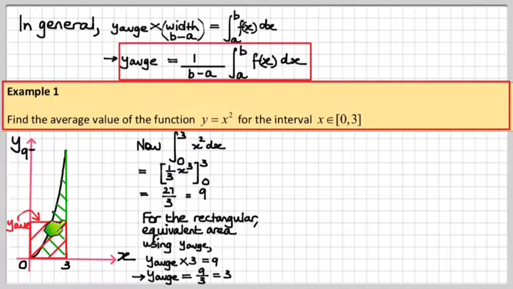If you draw that horizontal line, in other words the same y average value over the whole interval, getting to x equals 3, and you work out the area of that red hashed rectangle, it's the same as the signed area of this green hashed area here. Okay, pretty simple, huh?